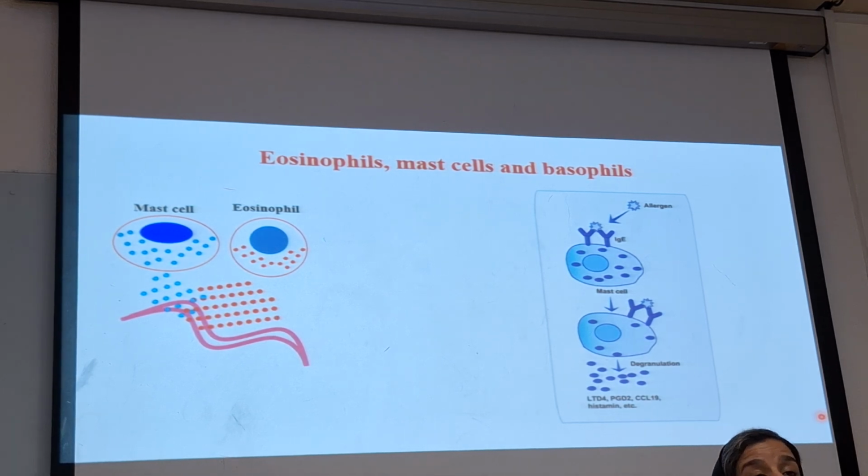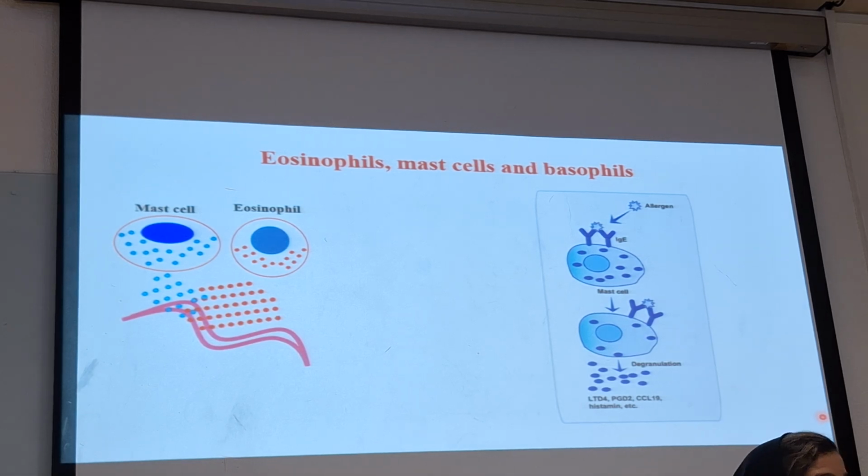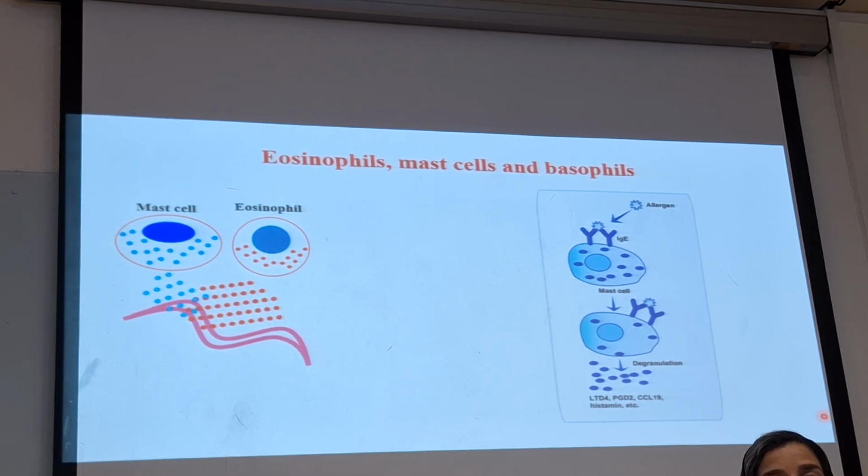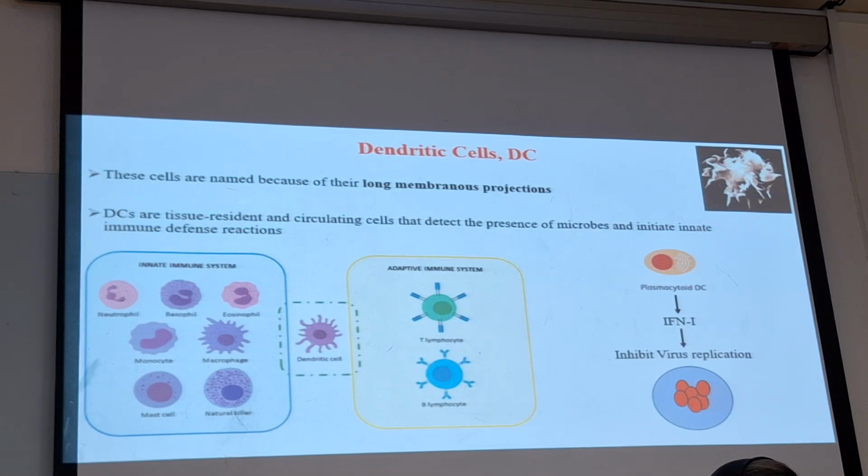The most important mediator in mast cell granules is histamine, and histamine leads to inflammation and allergic reaction. You know, these days after an allergic reaction you usually use antihistamine, because antihistamine neutralizes the effect of the histamine produced during the allergic reaction.